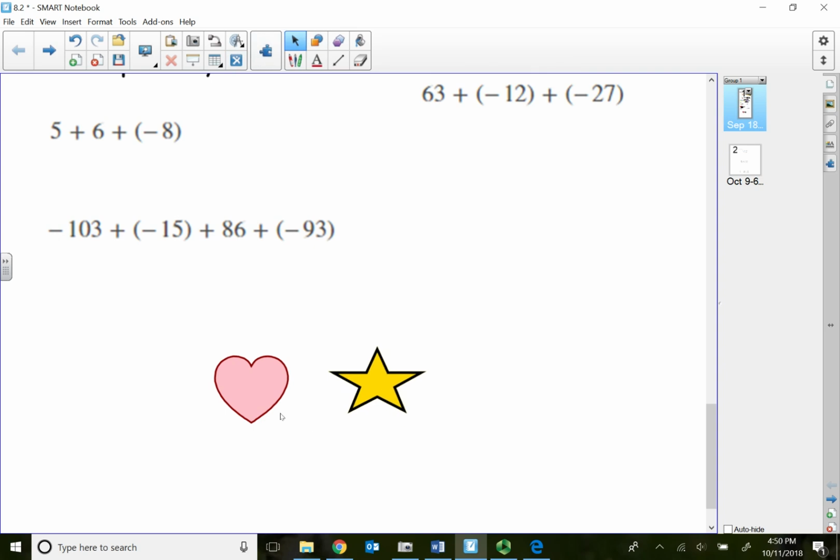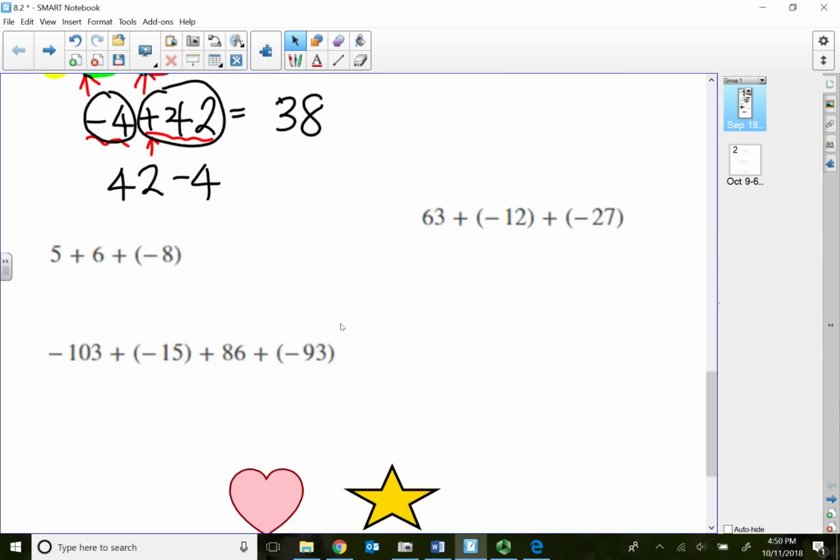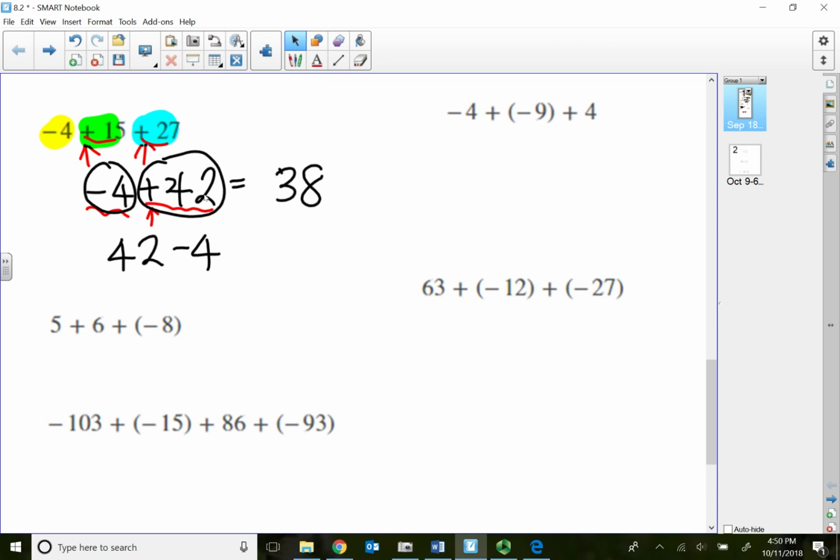What difference does it make if I have the star in the front and the heart in the back? It is still the same exact two terms. That's the reason why the commutative property allows me to swap the order of my terms. It's still exactly the same thing. If you can see it as 42 minus 4, that would be very awesome.